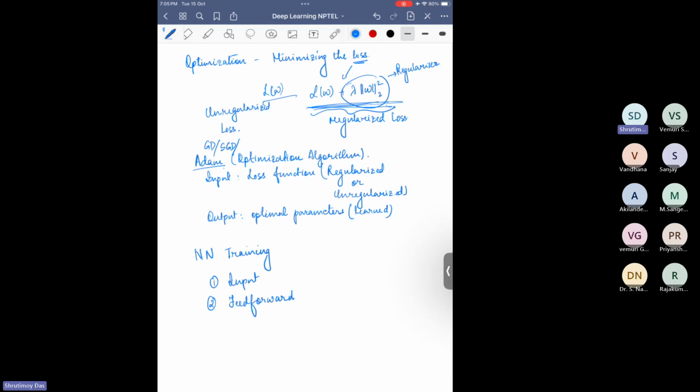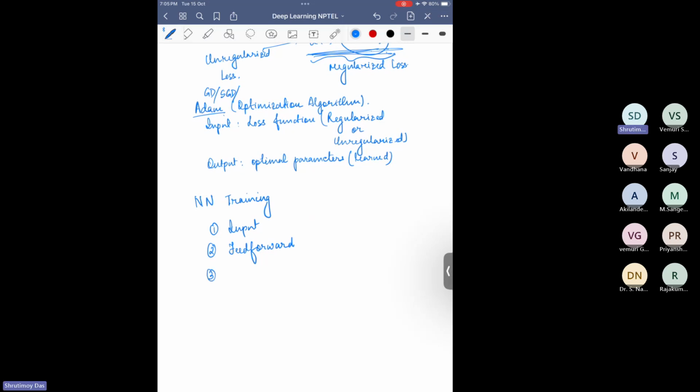Feed forward is basically you take your input from the input layer to the output layer, and then it will compute the loss function by comparing with the true output. And here in feed forward comes the role of the activation function. Yes, right.